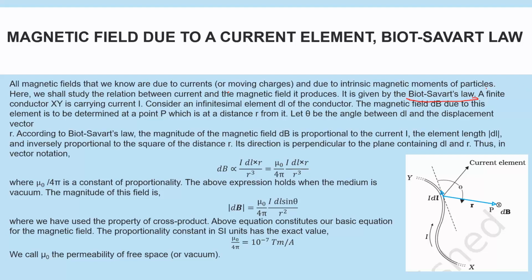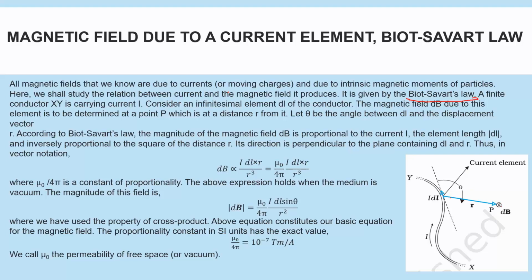So we are considering a finite conductor XY, and it is carrying the current I. Now we will consider a small line element dl, and the magnetic field dB due to this element is what we need to find out at point P, which is at a distance r from it.